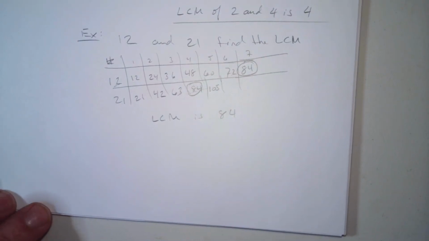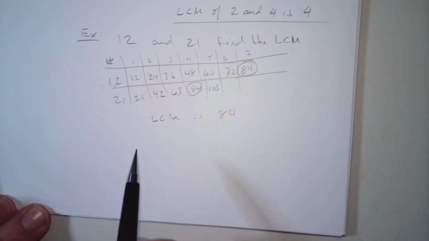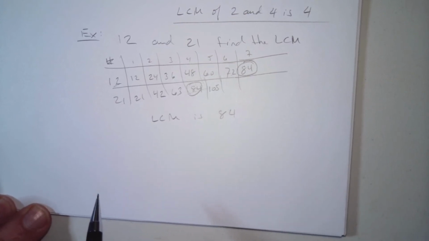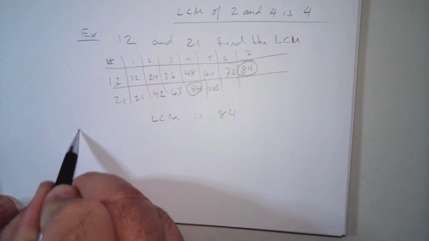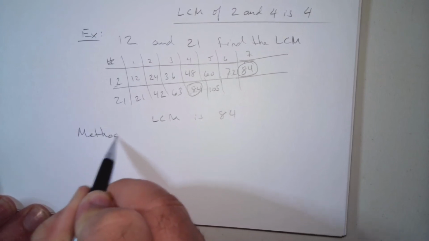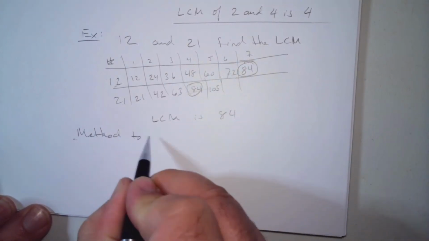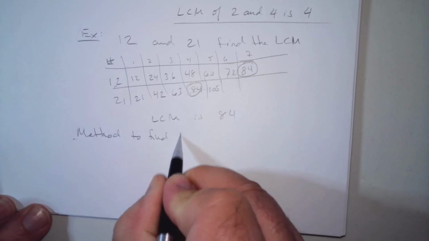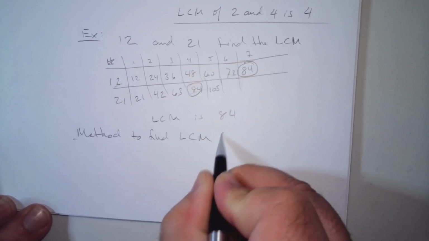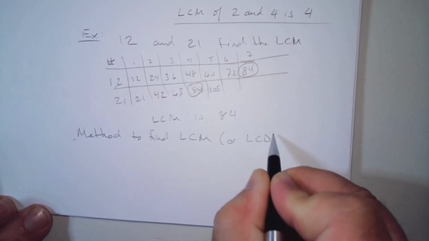Now, let's look at if there was a faster way we could have done that. And there is. Method to find LCM or LCDs.